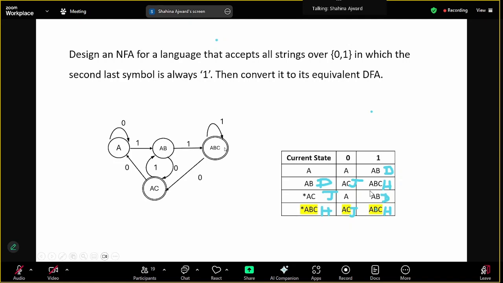Now here, see, when you have ABC and it goes to ABC, that means the same state. So we define it as self-looping. That's how we define it. Okay.